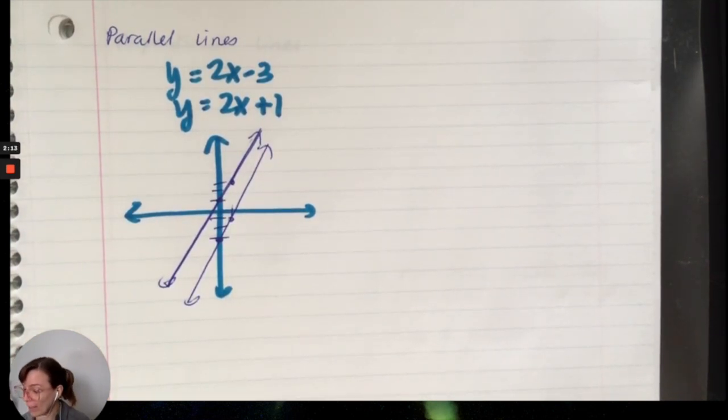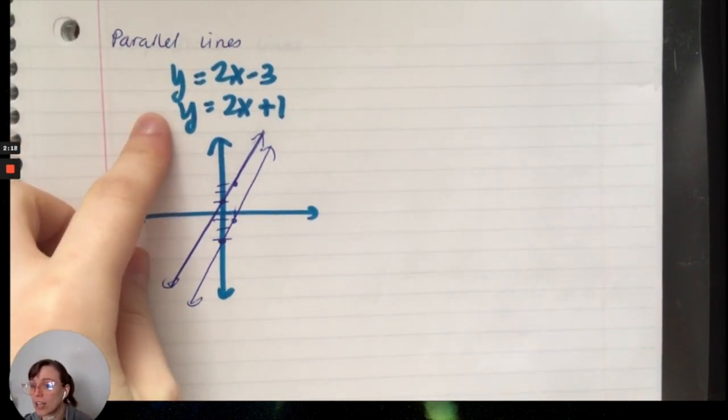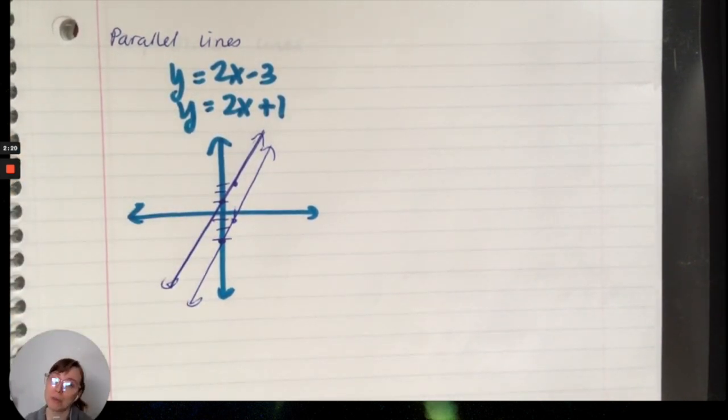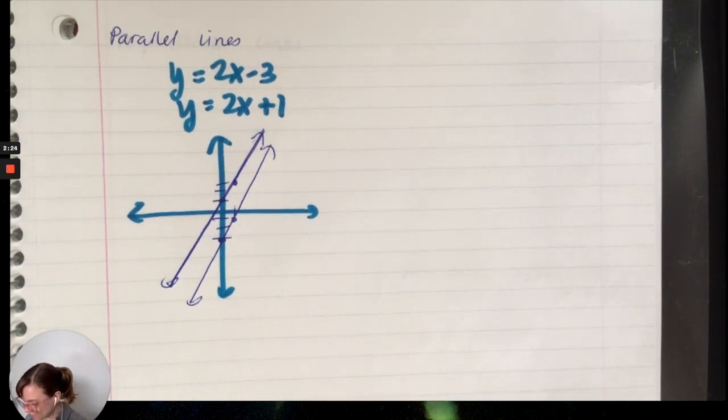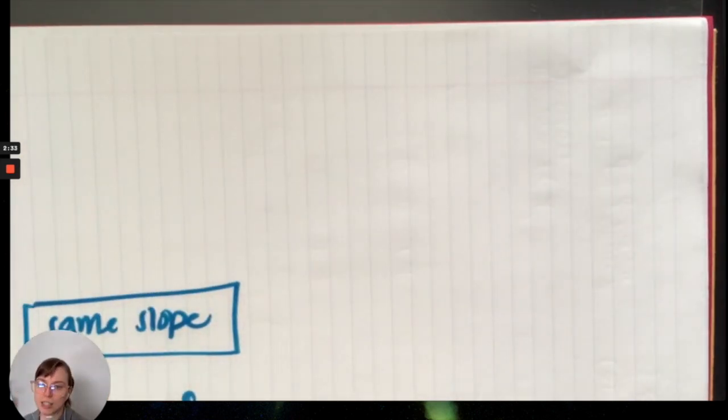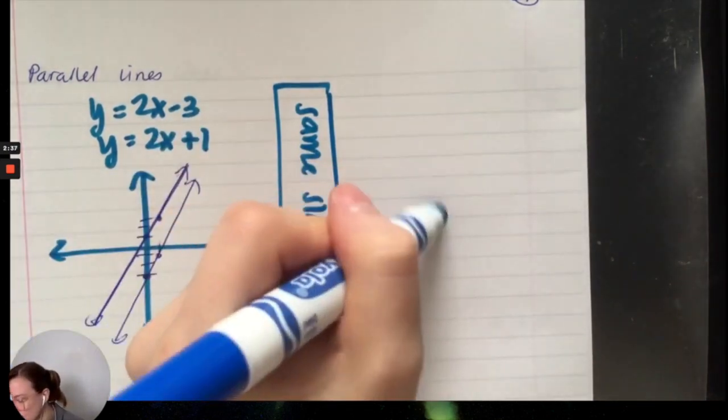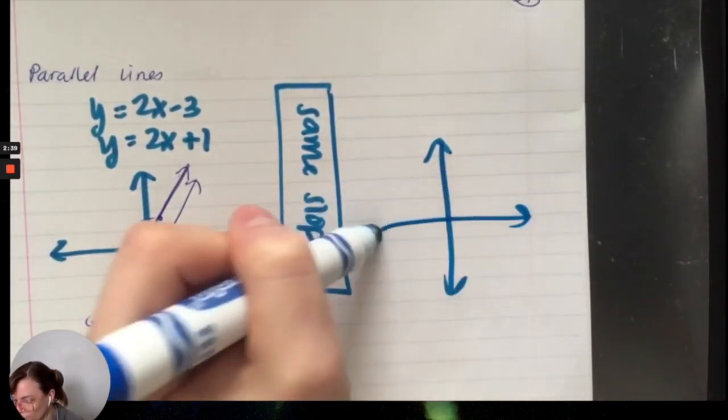So knowing that, what was the pattern that forced these 2 equations to be parallel and to be the same distance away from each other? That pattern is because they both have the same slope. Same slope. Same slope. So I want you to make your own on the right-hand side.